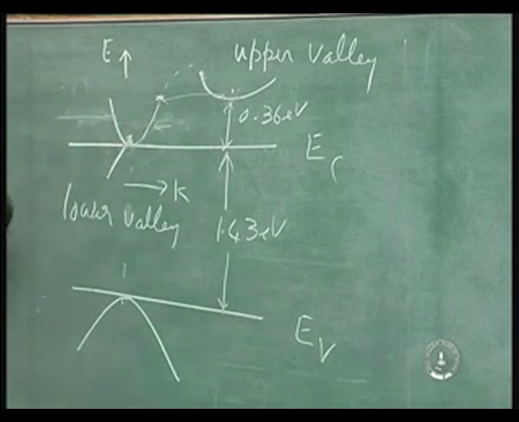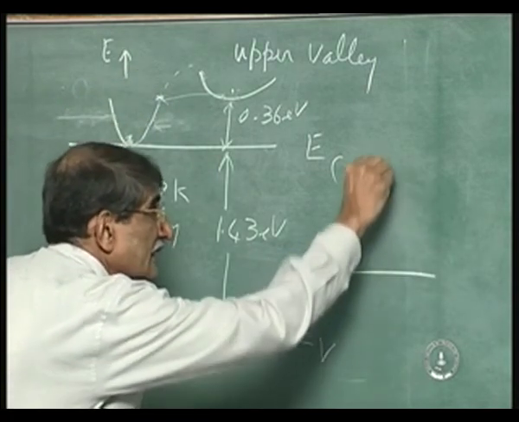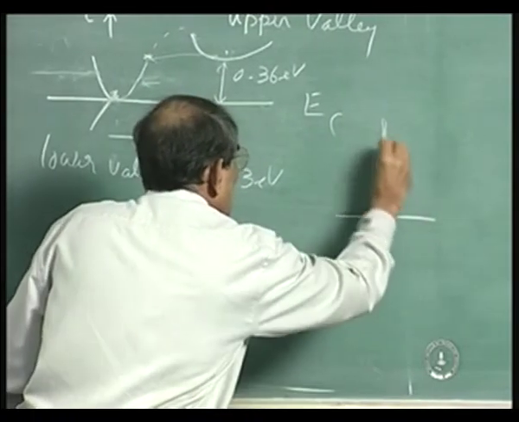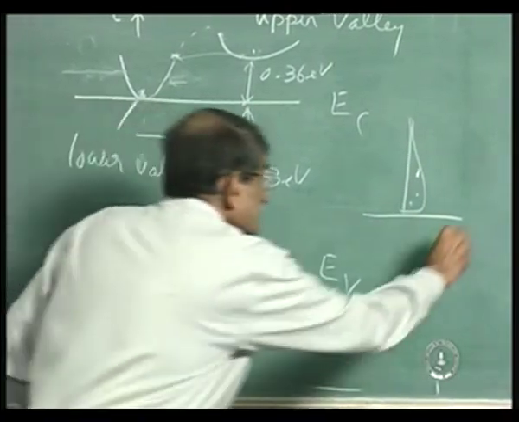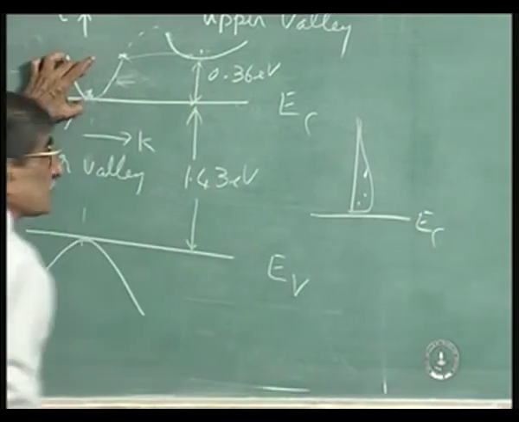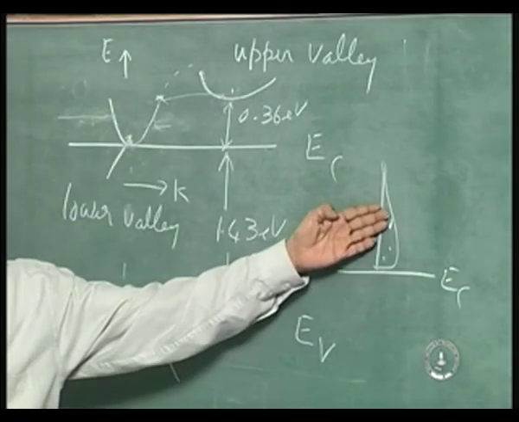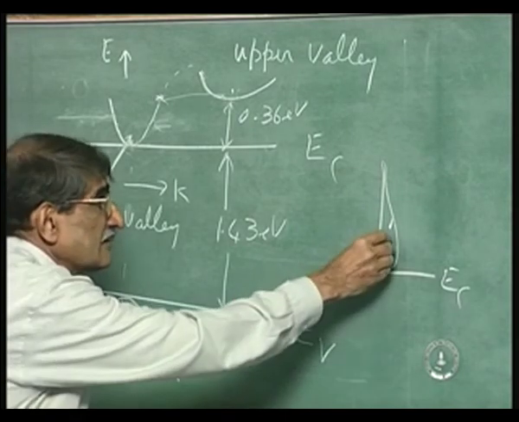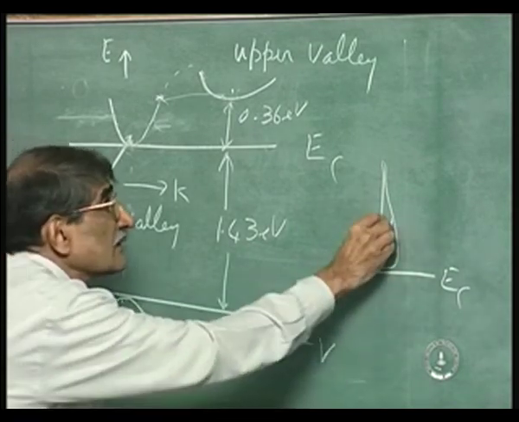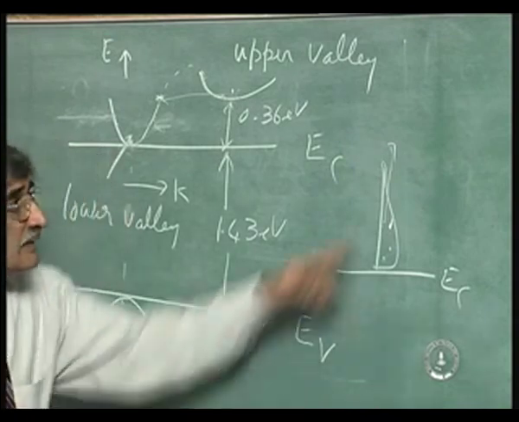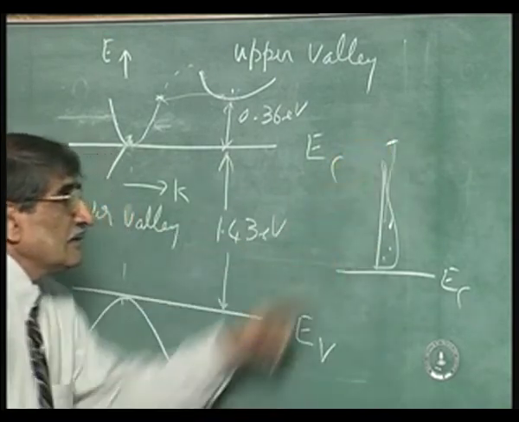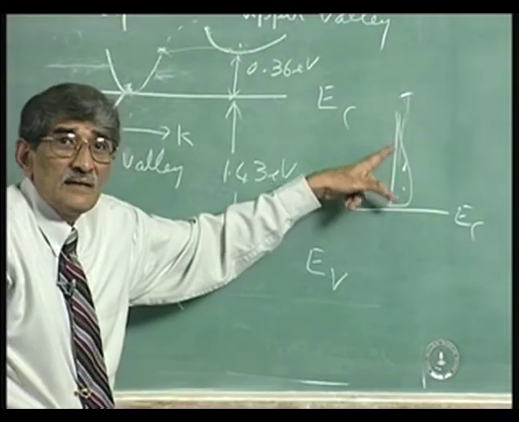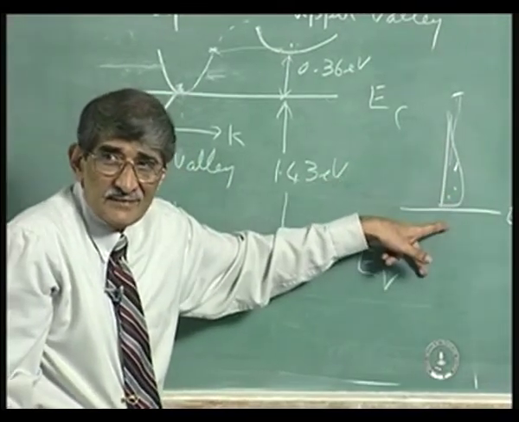Supposing I draw a conduction band, you get the electron distribution like that from EC. This is the thermal equilibrium situation. Supposing the temperature of the electrons is raised, these electrons move up. An electron up here does not correspond to the situation where the electrons are in thermal equilibrium with the lattice.